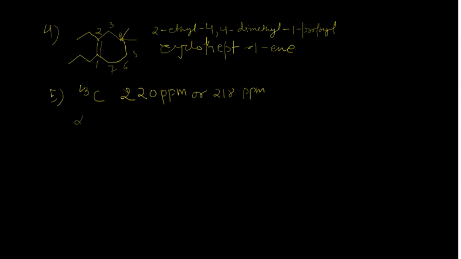One compound is alpha-pinene, the second is camphor, the third is geraniol, and the fourth I think was carvone. And they have asked, the signal appears at this ppm, so what compound would it be?